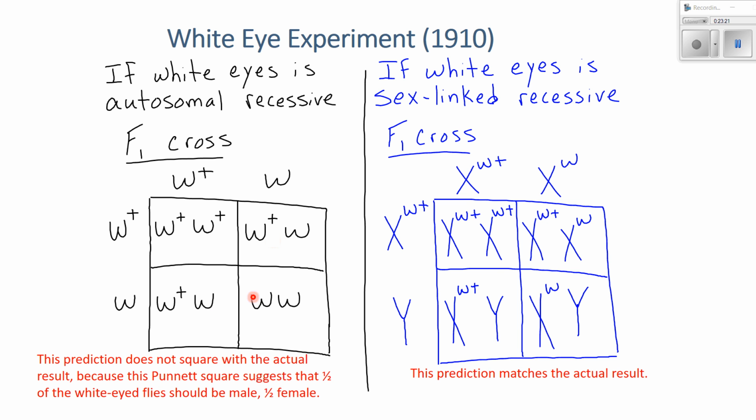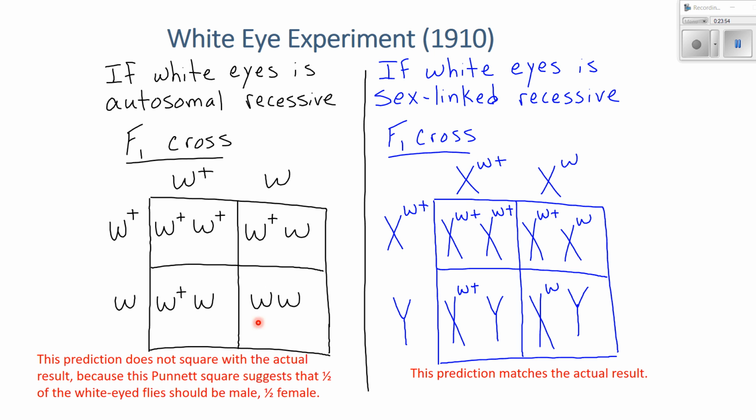And that does not square with the actual result that Morgan got. Because even though the flies did turn out 3/4 red eye and 1/4 white, he noticed something very peculiar. In the F2 generation, the only flies that had white eyes were male. And none of the white-eyed flies in this generation were female.